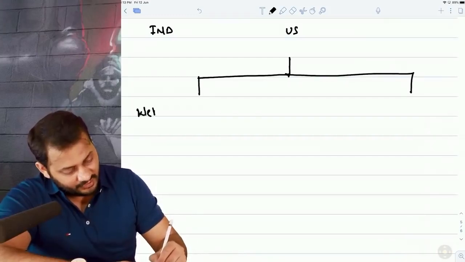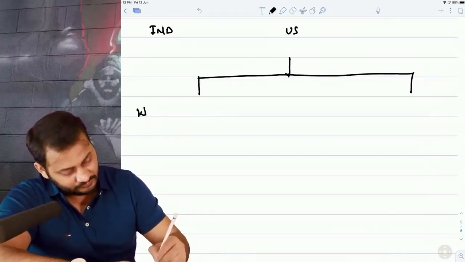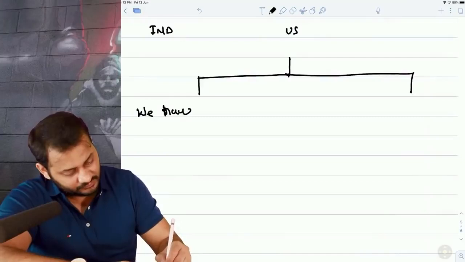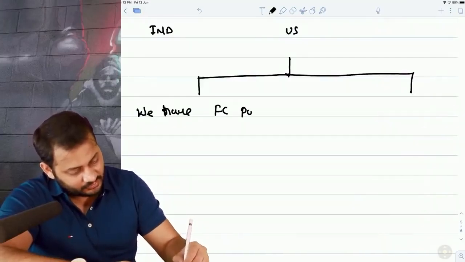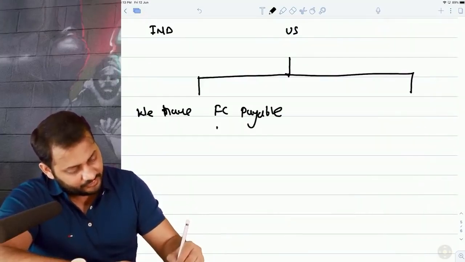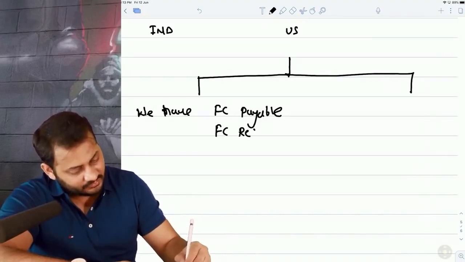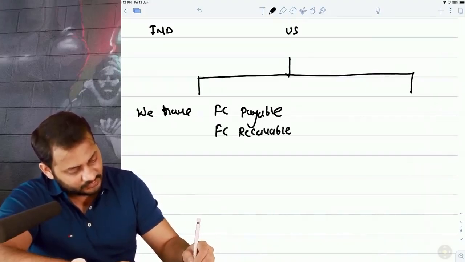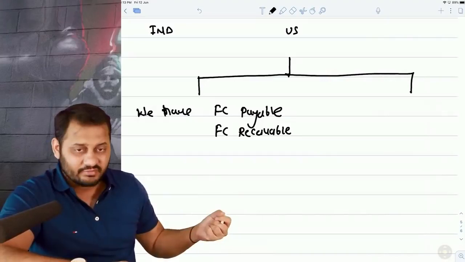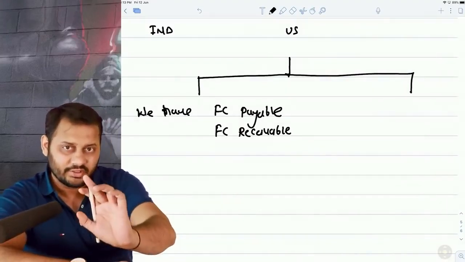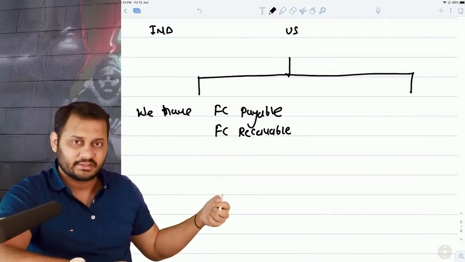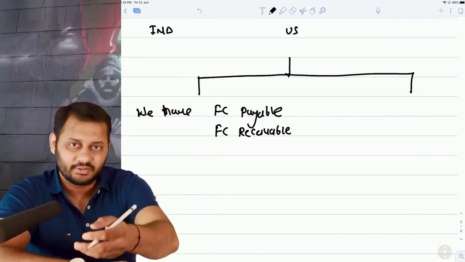Do we have foreign currency payable? If we have a payable, we used to create foreign currency receivable. So in order to create receivable, we need to deposit money today. We will receive at expiry only when we pay something to them today.